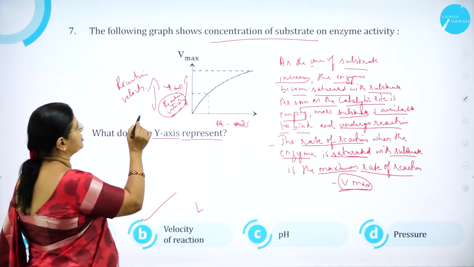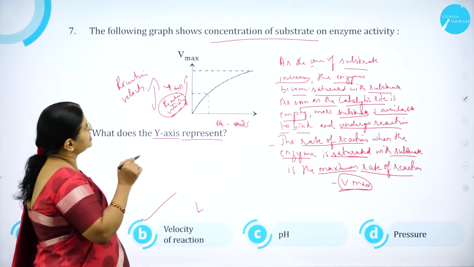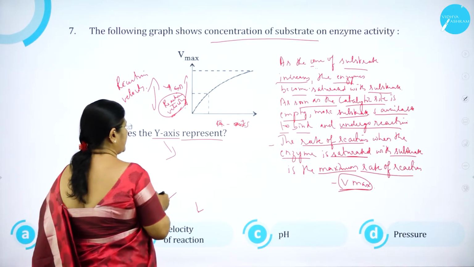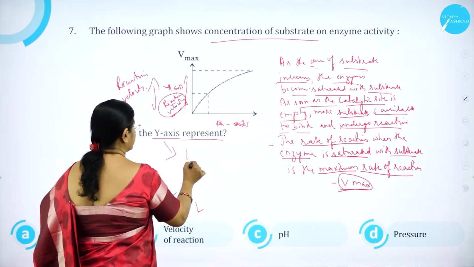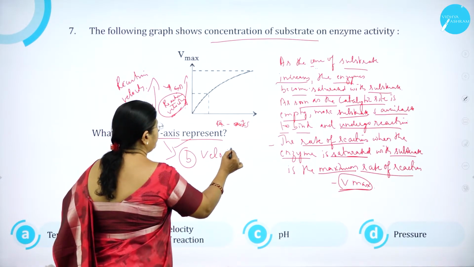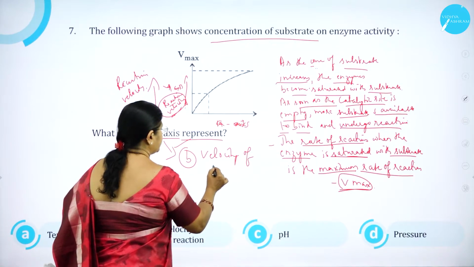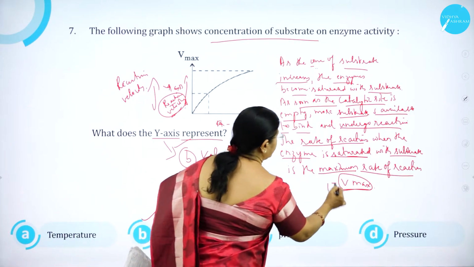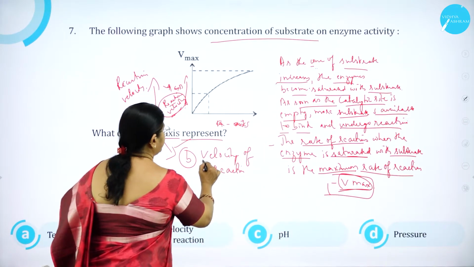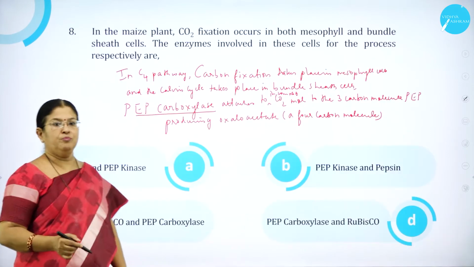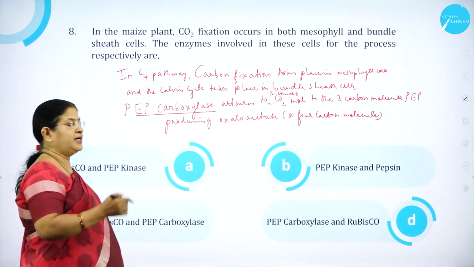The y-axis represents velocity of reaction. It is maximum here. So you can see Vmax, velocity of reaction, option B is correct. Moving on to question number 8.